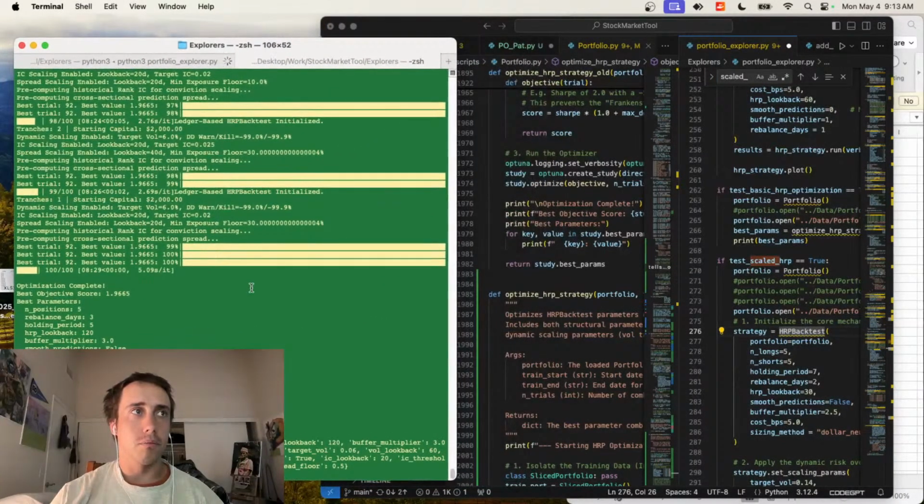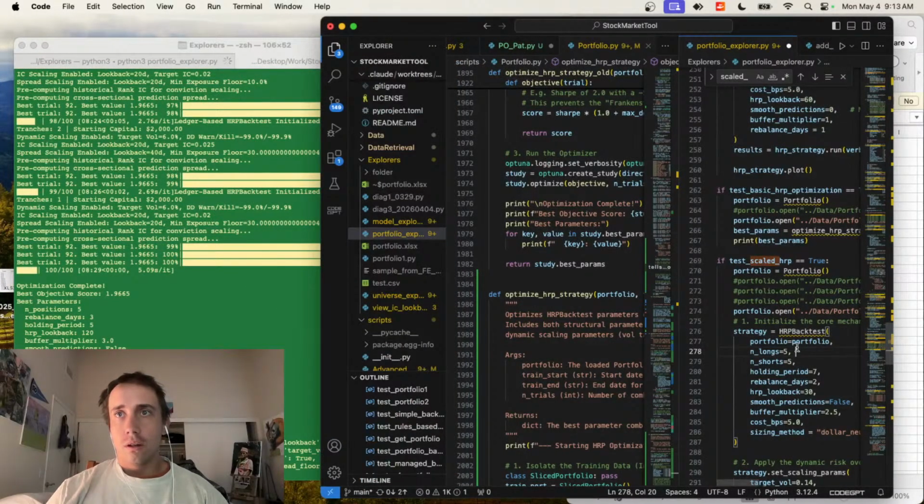Okay, now let's go through and put these parameters in. 5 longs, 5 shorts, holding period 5 days, rebalance days 3, HRP look back 120, smooth predictions false, sizing method dollar neutral, buffer multiplier 3.